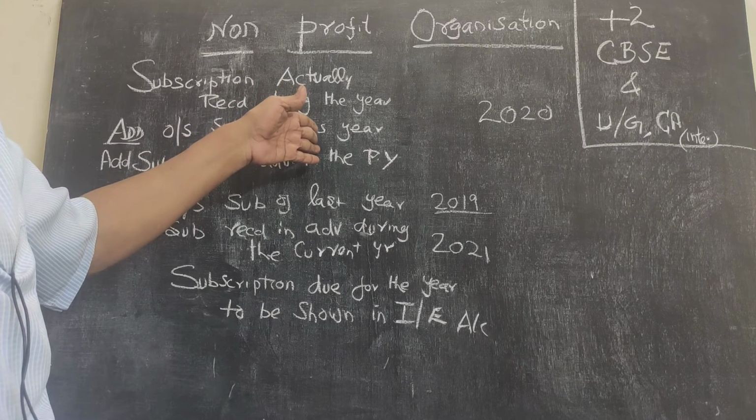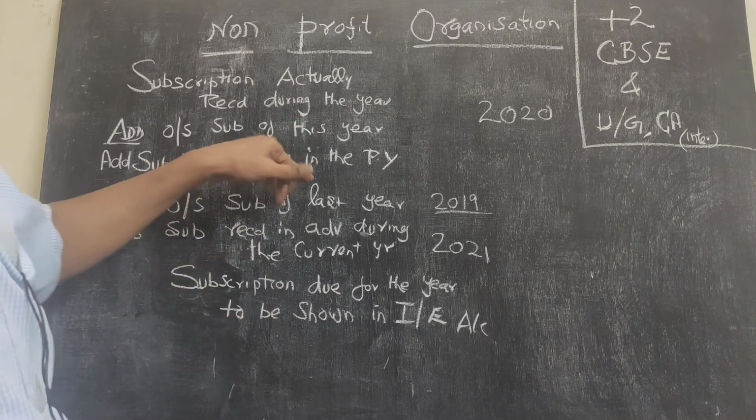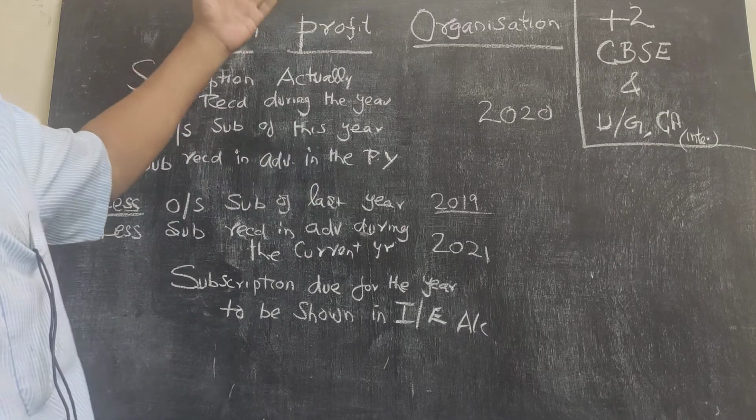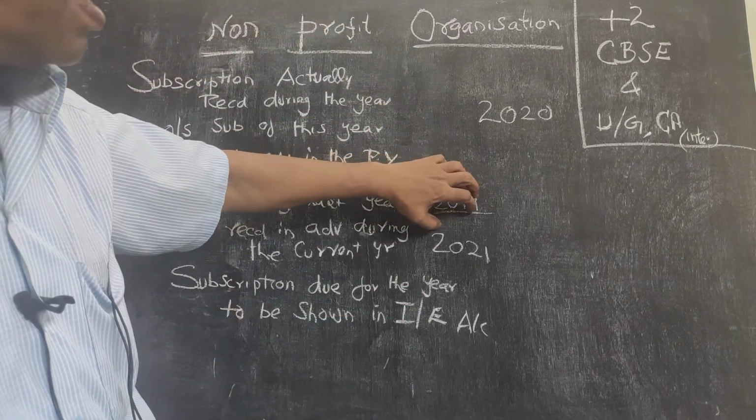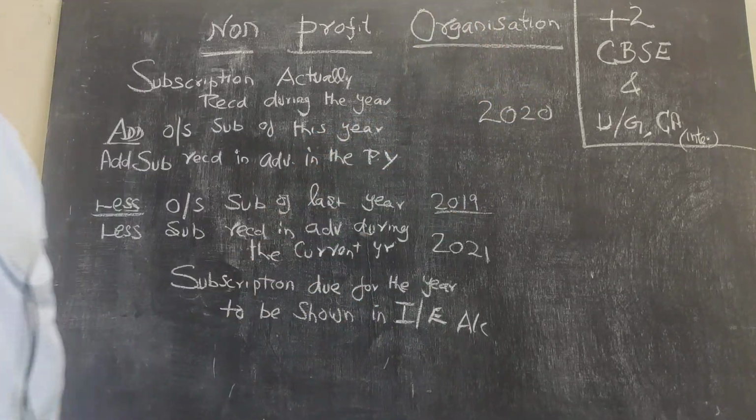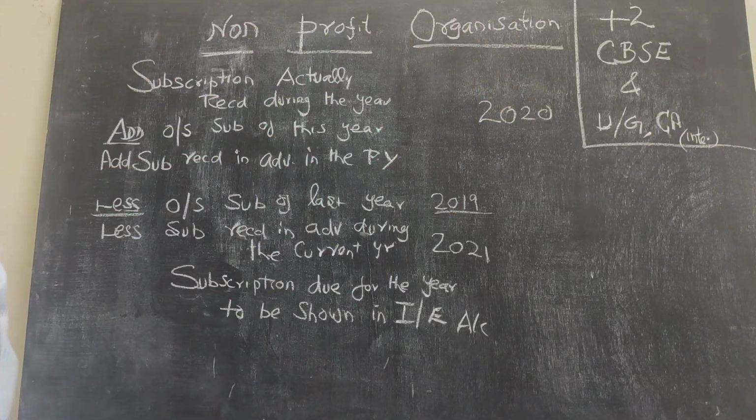The outstanding subscription of this year and the subscription received in the previous year for this year, that is subscription received in 2019 for this 2020, that will not be there.